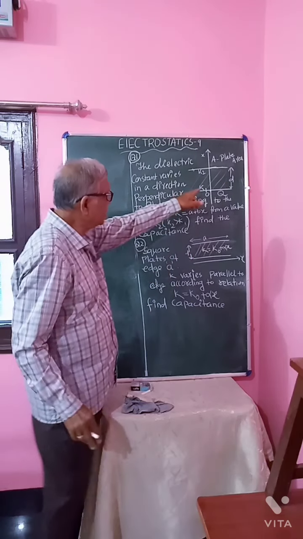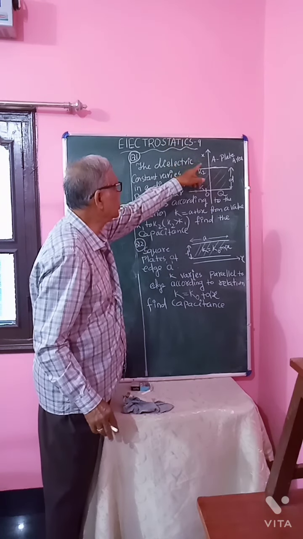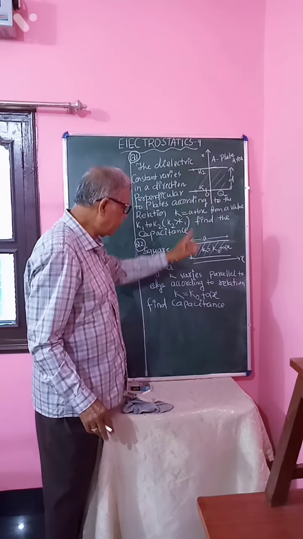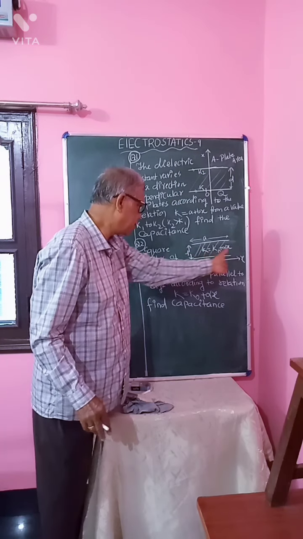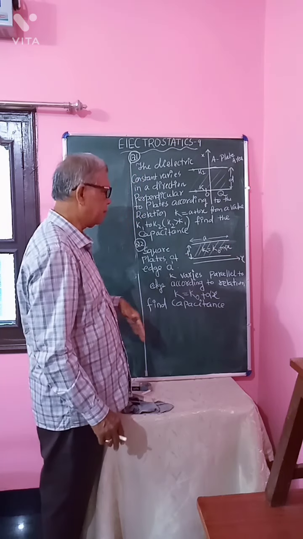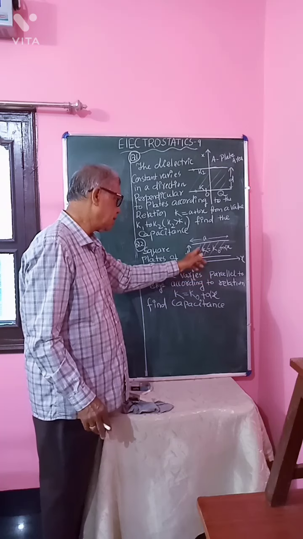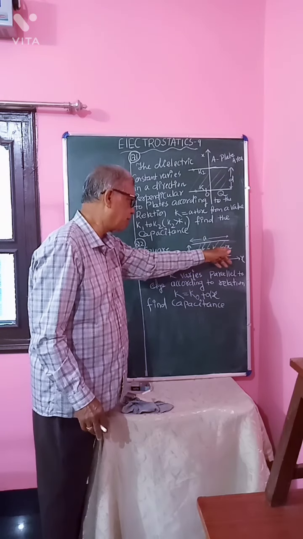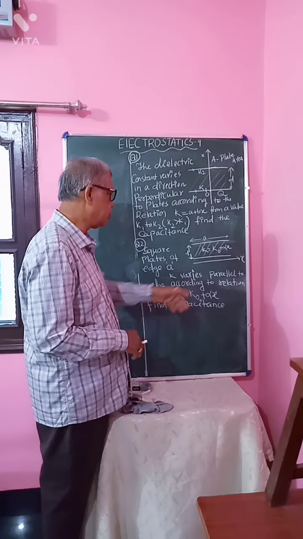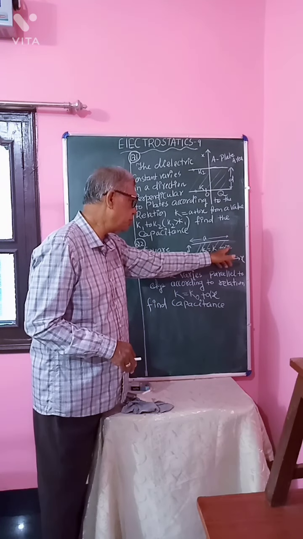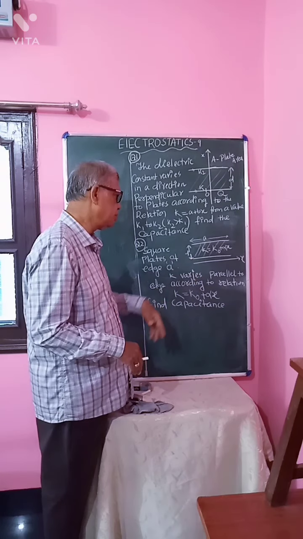But here the dielectric constant varies not perpendicularly but along the edge of the plates, according to the relation K equal to K0 plus alpha X, where alpha is a constant and K0 is a constant. When X equals 0, the dielectric constant equals K0.